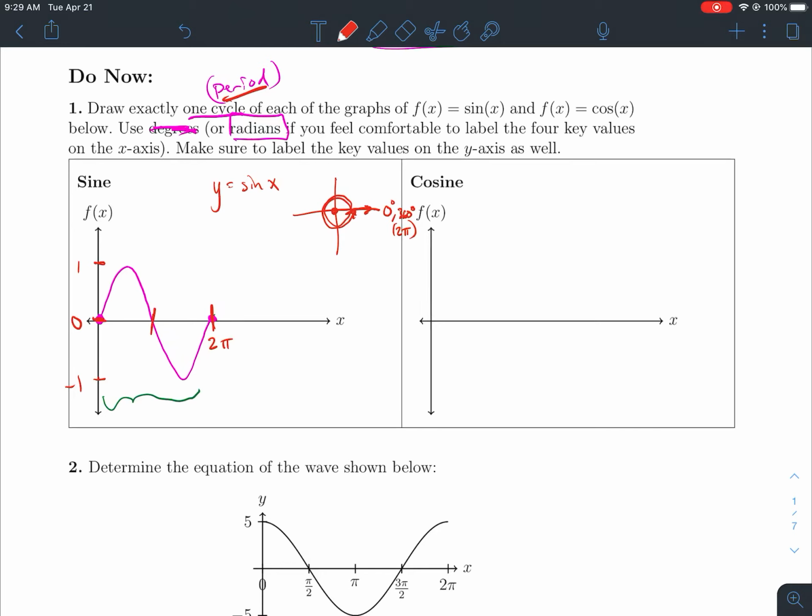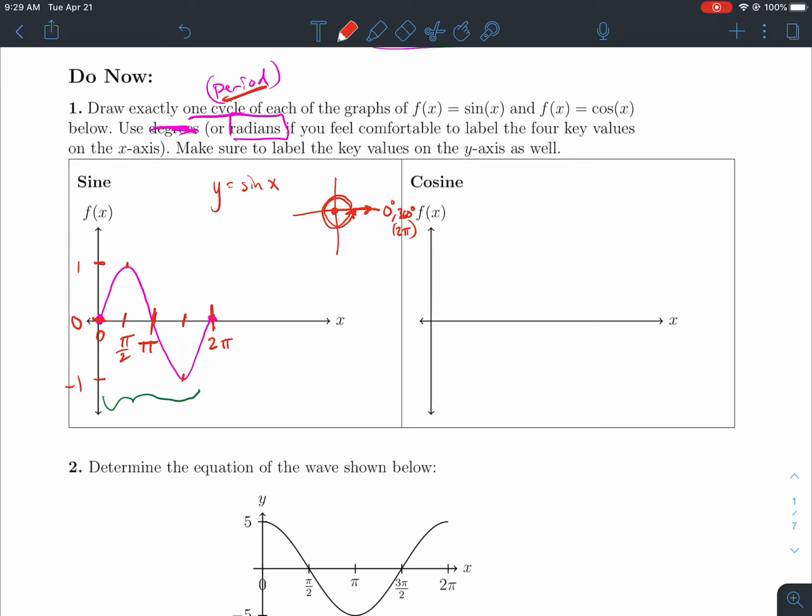Halfway in between that, it hits the point 0. All of the important values, like the maximum, the 0, and the minimum, are key values on the x-axis as well. Where it hits the middle, that's halfway in between 0 and 2 pi, which is 1 pi, or just pi. Halfway in between 0 and pi is pi over 2.